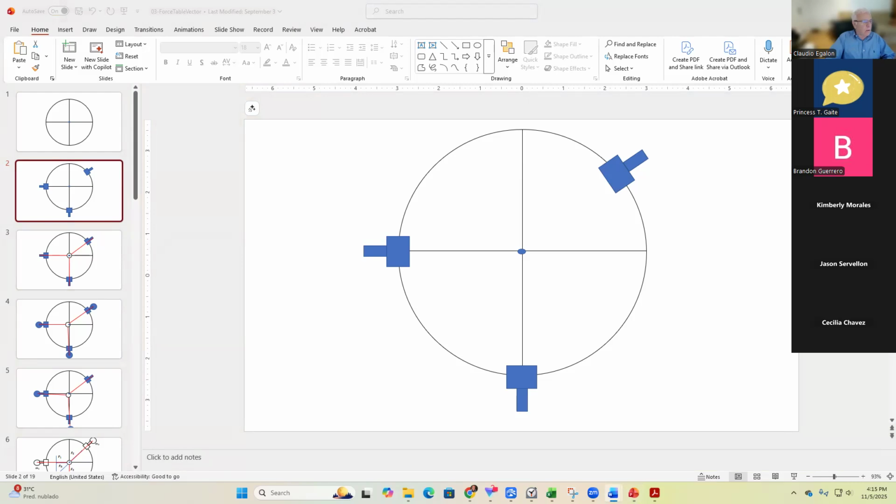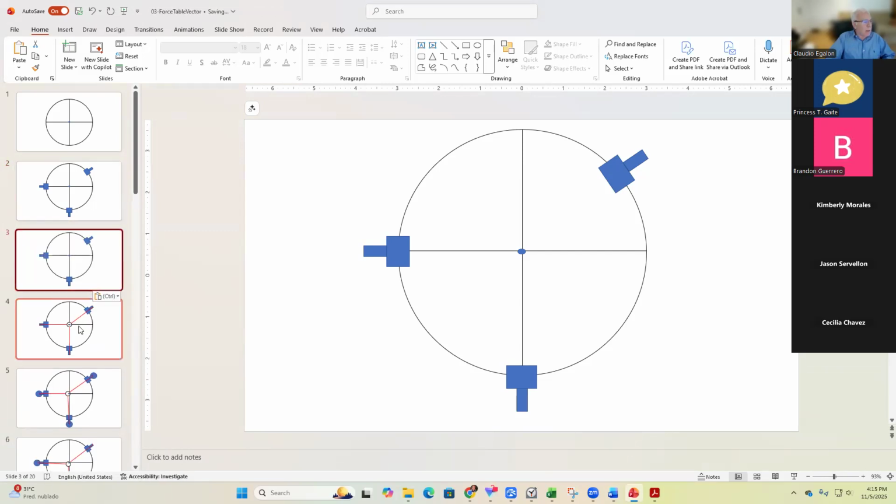Place the ring at the center of the table. Here you go, ring right in here.